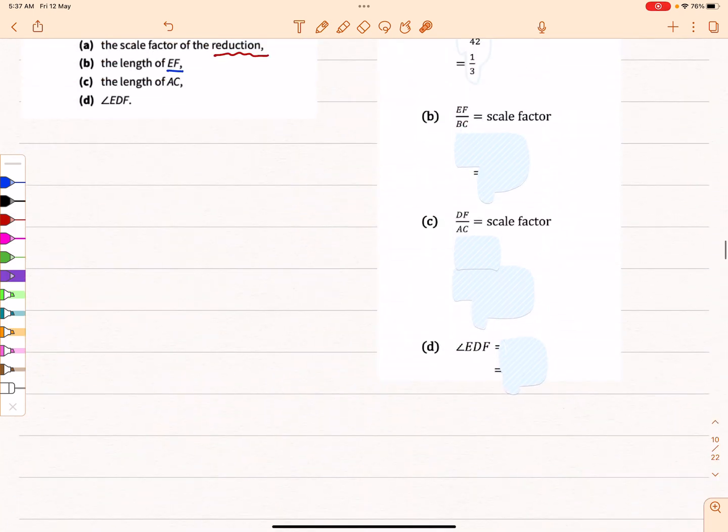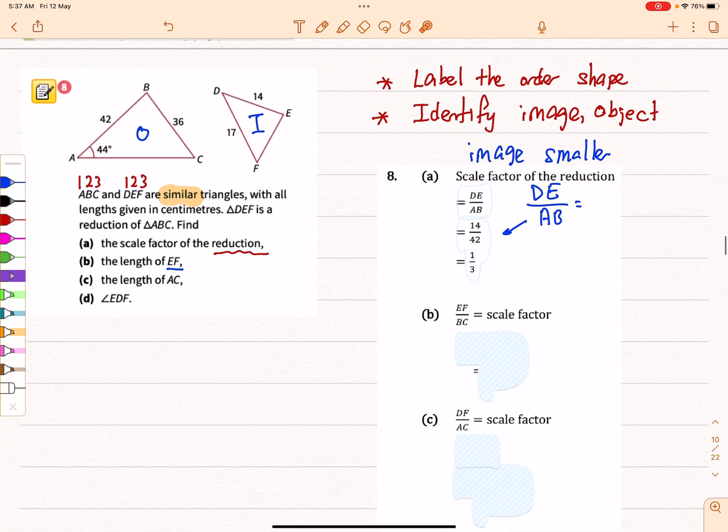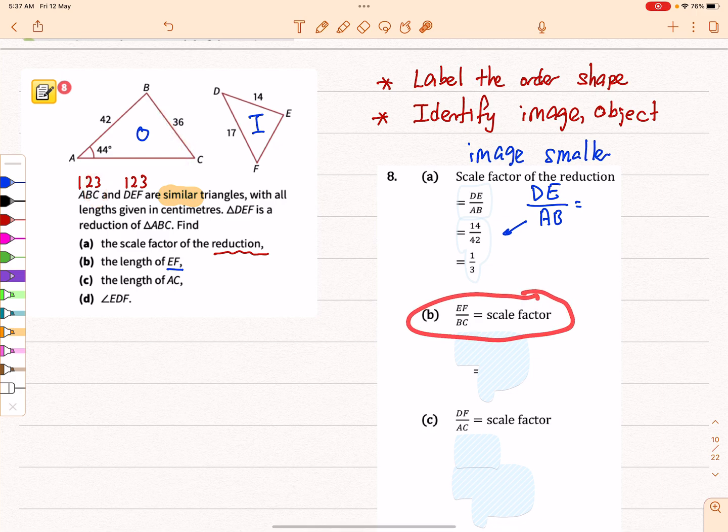So let's try. So EF, again I want to look at my scale factor. So I write down my scale factor equals to EF over, EF is 2 and 3, then it will be BC, which is 2 and 3 as well. So this is how I establish the first part.